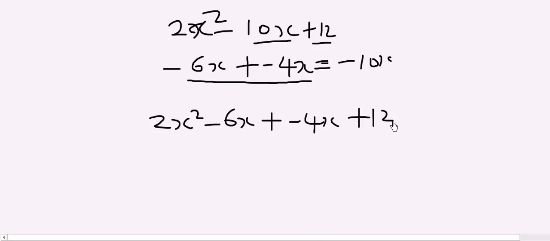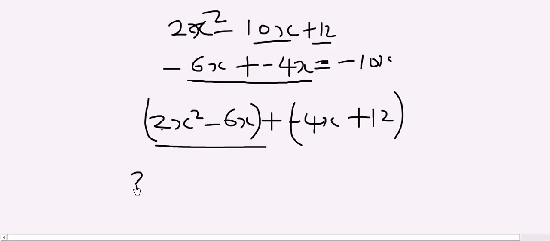The next thing to do is to group the expression, and we deal with each of the brackets one after the other. Focusing on the first bracket, we look at what is common to both terms. You can see that 2 is common to both because 2 can divide 2 and 6 can also divide 2. So we bring out 2.